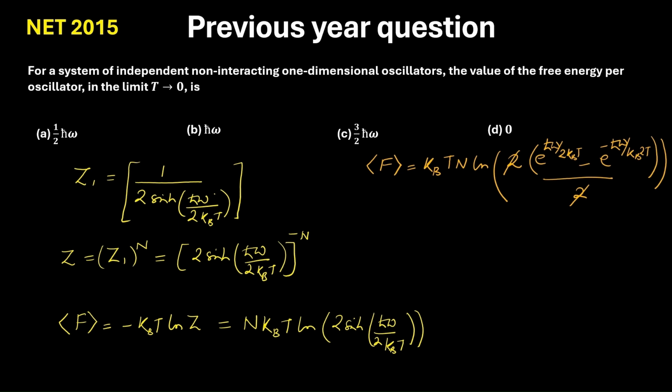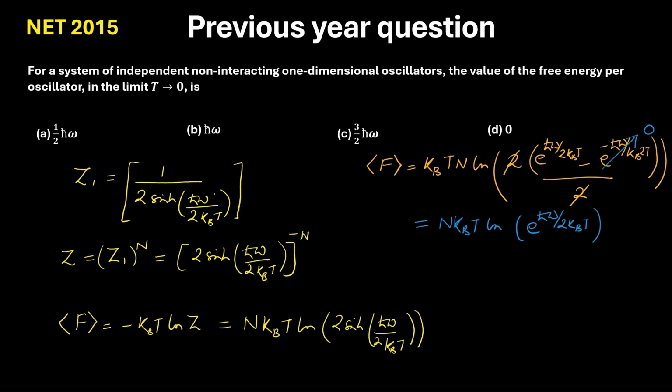Now when T tends to 0, h bar omega / 2 kBT will tend to infinity. Since this is e to the power minus, this term will go to 0. Then we have n kBT log of e to the power h bar omega / 2 kBT.